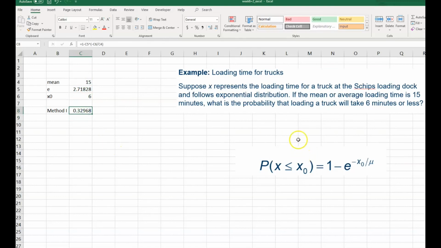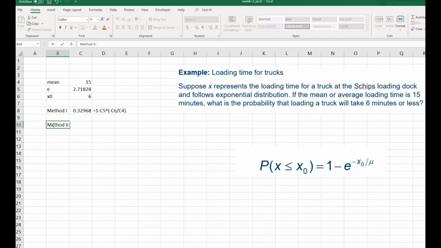Again, the loading time on average is 15 minutes, and what is the probability the loading time is less than or equal to 6 minutes? The answer is 33%. So show formula. We apply the formula directly.